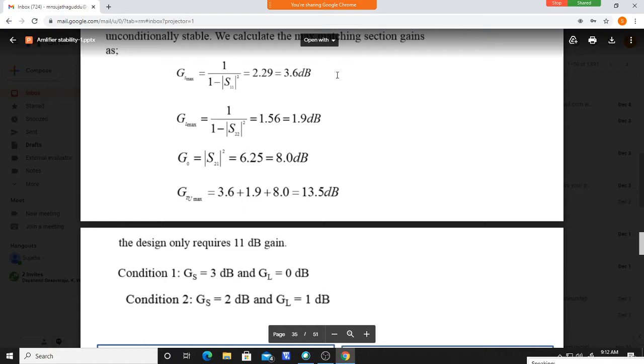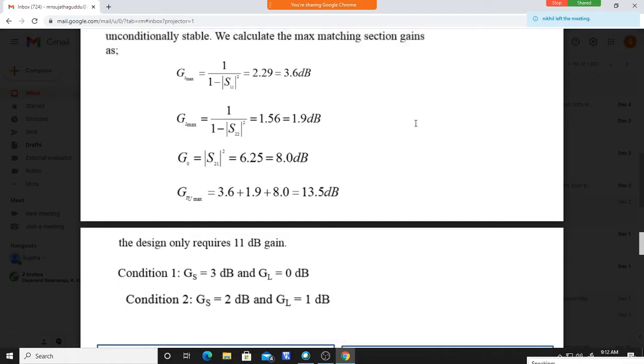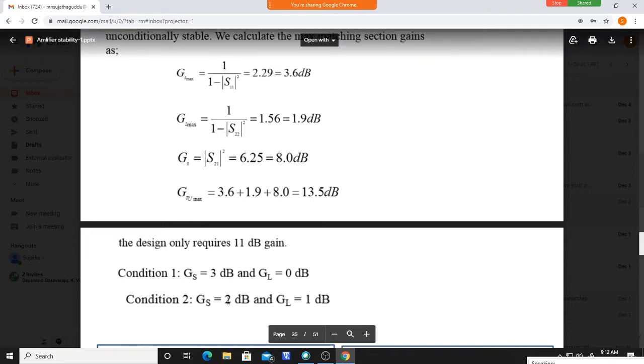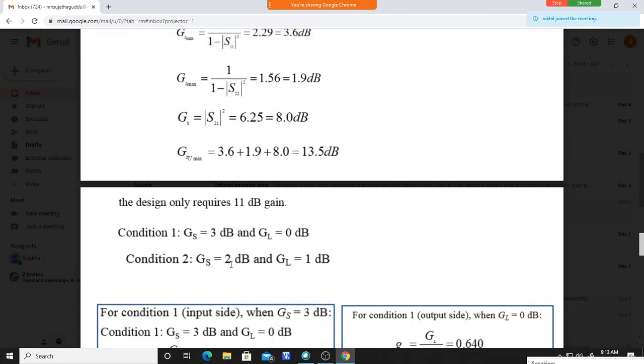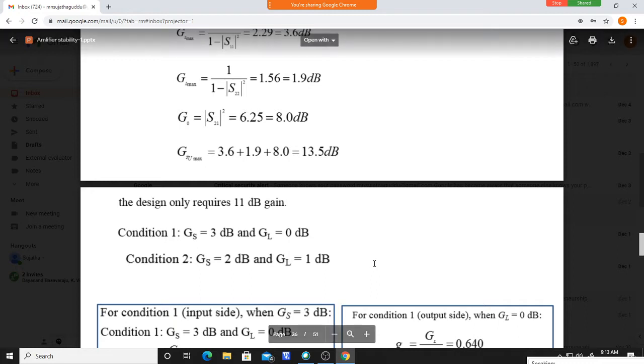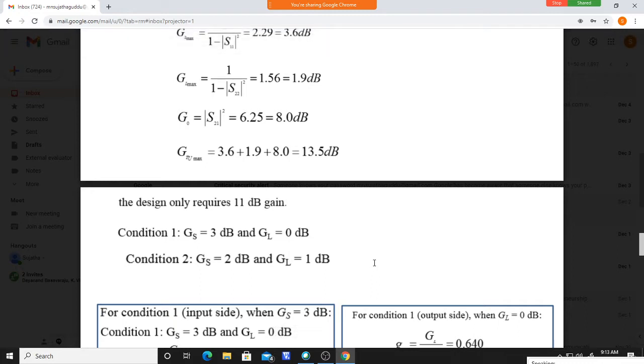That means you should draw the 2 dB gain circle for GS and the 1 dB gain circle for GL. That answer is correct, and with 2 dB and 1 dB we got 11 dB.